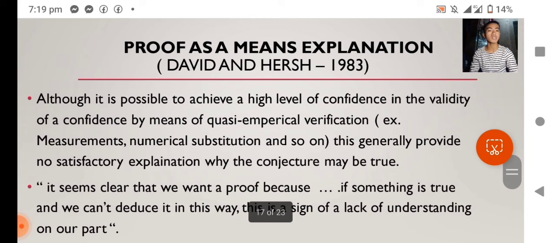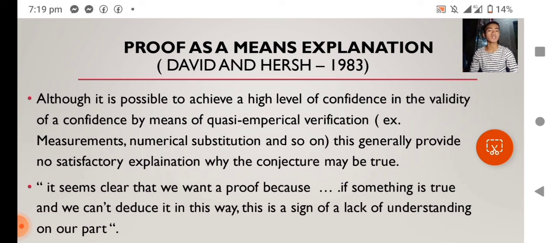Proof as a means of explanation, by de Villiers and Hersh in 1983. Although it is possible to achieve a high level of confidence in the validity of a conjecture by means of quasi-empirical verification, for example measurements, numerical substitution, and so on, this generally provides no satisfactory explanation of why the conjecture may be true.